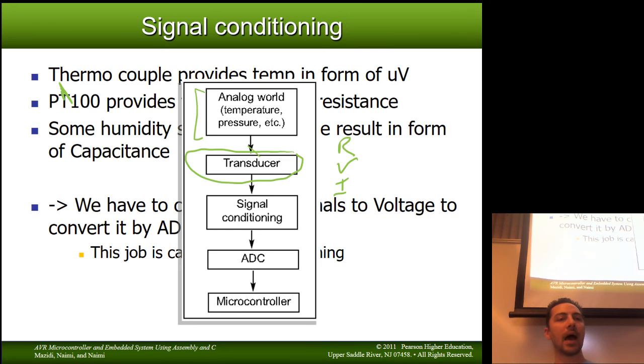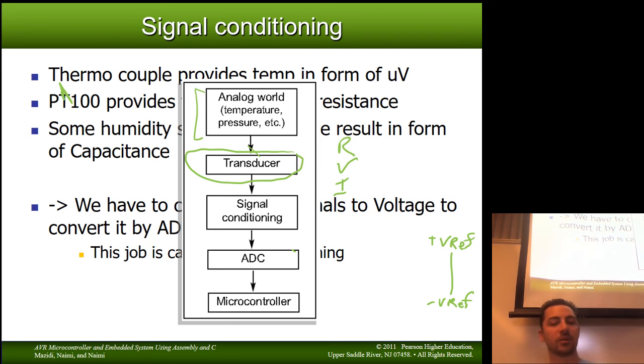You have to somehow convert that to match as closely as possible the expected range of your ADC, the positive voltage reference and the negative voltage reference. Many times that's just ground. The negative voltage reference is usually ground.